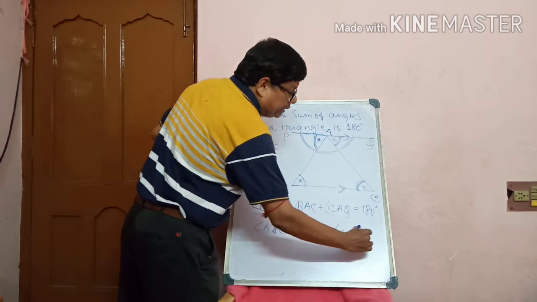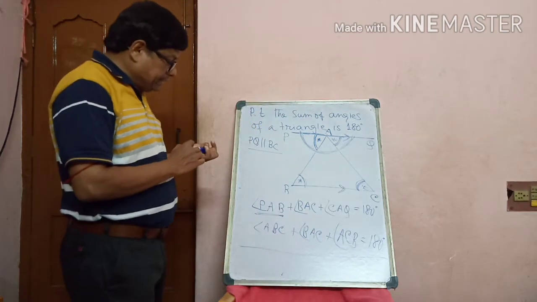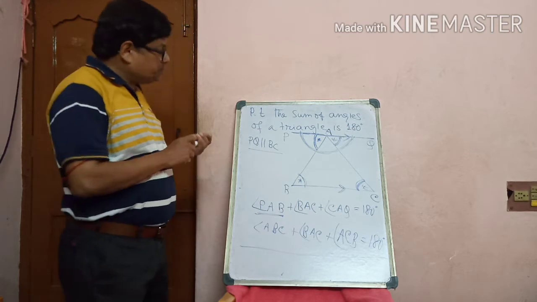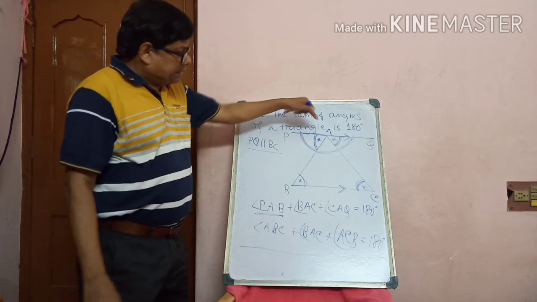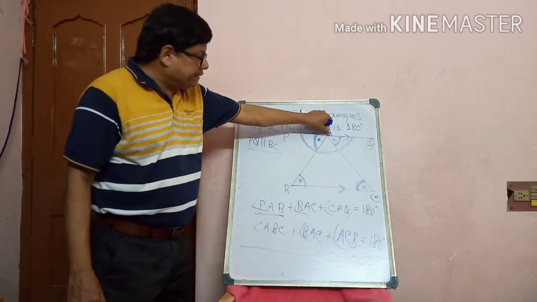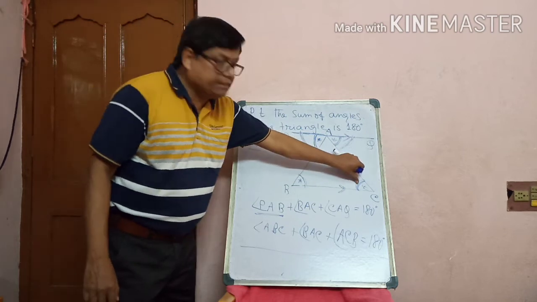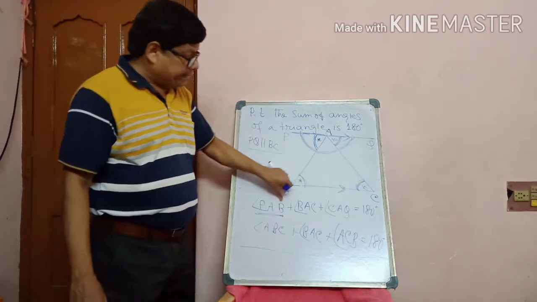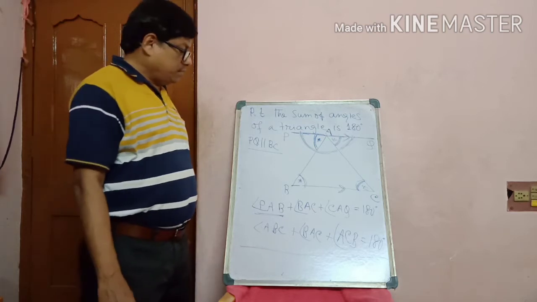ACB equal to 180 degree. So in a triangle, it is proved that the sum of the angles, that is angle A, angle B and angle C, is 180 degree. Okay, no problem.